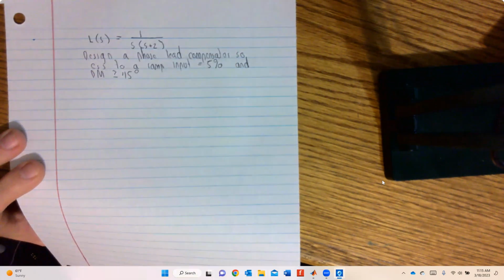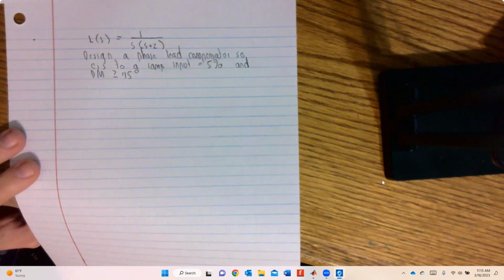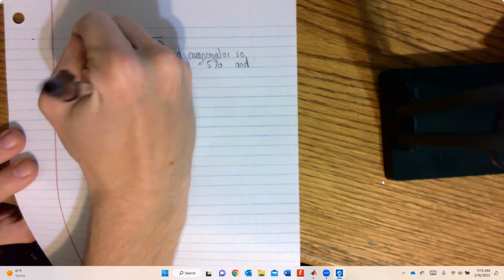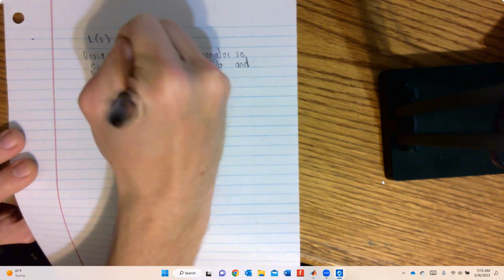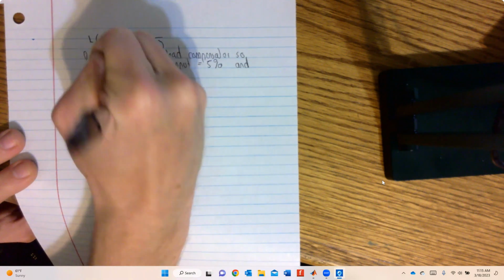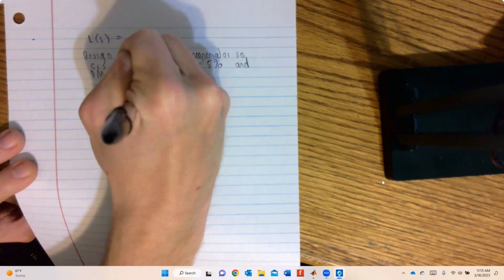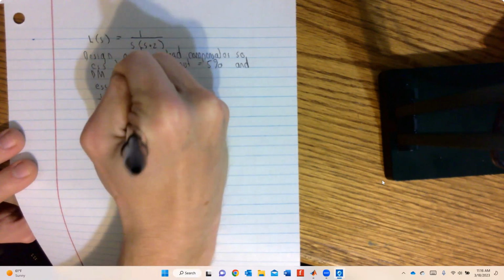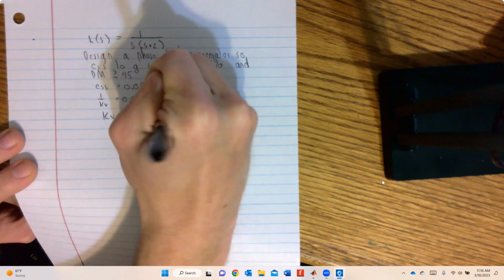For our design requirements, the steady state error is equal to 0.05. Remember, for your ramp input, it's 1 over KV equals 0.05. If you multiply, KV is equal to 1 divided by 0.05, so it's equal to 20. That's what's telling you.